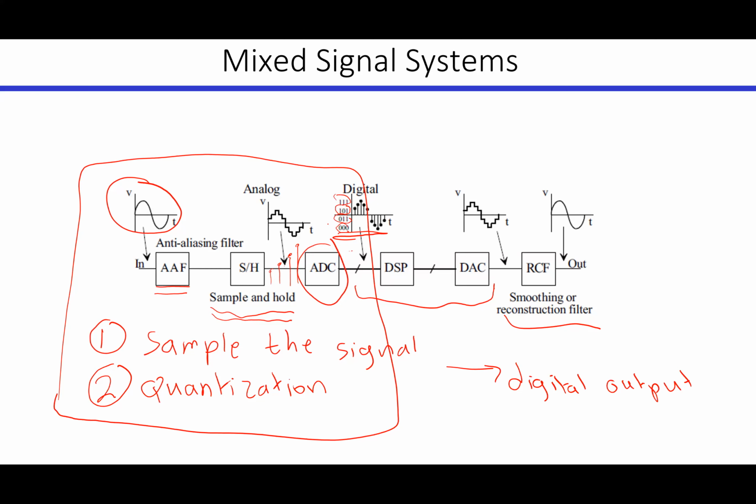And then you will perform whatever functionality you want on it in the DSP part. And then the DAC will basically convert back the output after doing the digital signal processing. We need to convert it back to analog, so the DAC will do this functionality. We will describe it also today.